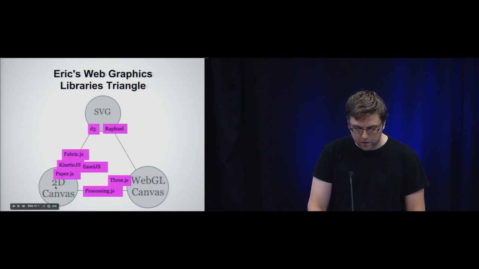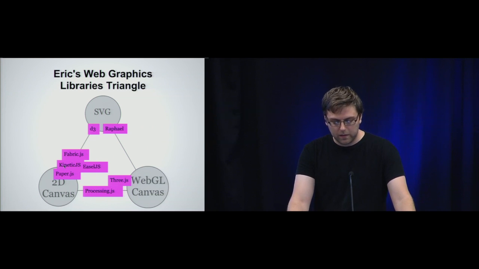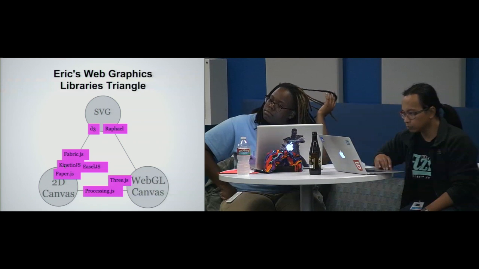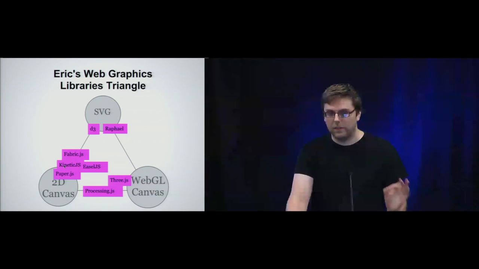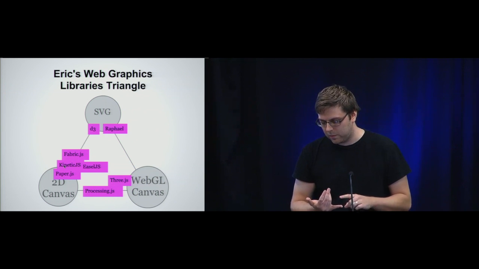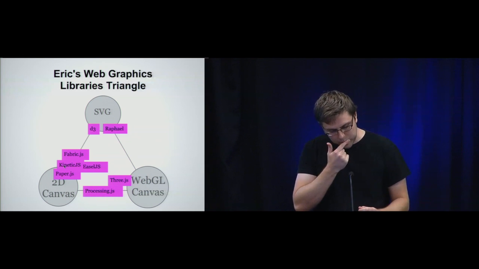It's a pretty cool little project. You'll see this little cluster over here: there are 4 big libraries in the space of just pure 2D Canvas. As I mentioned, the biggest pro of 2D Canvas is that it's fast, but it has lots of cons. It's hard to attach event handlers to elements. It's not object-oriented.